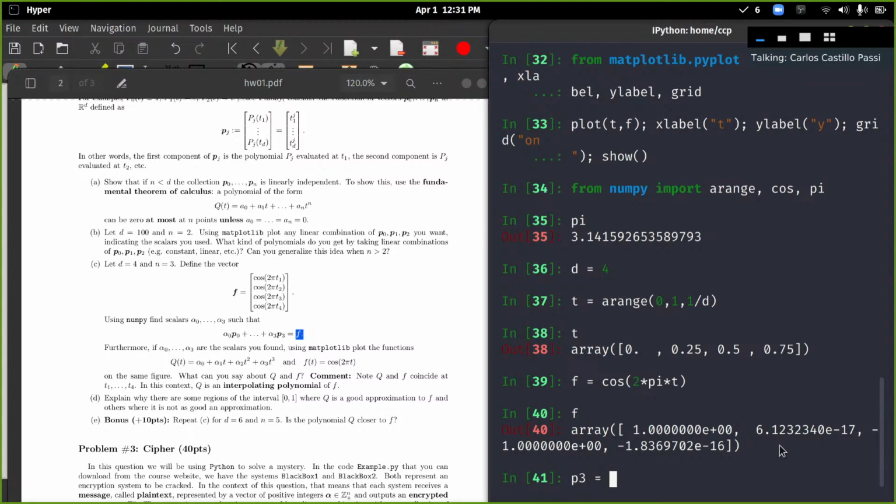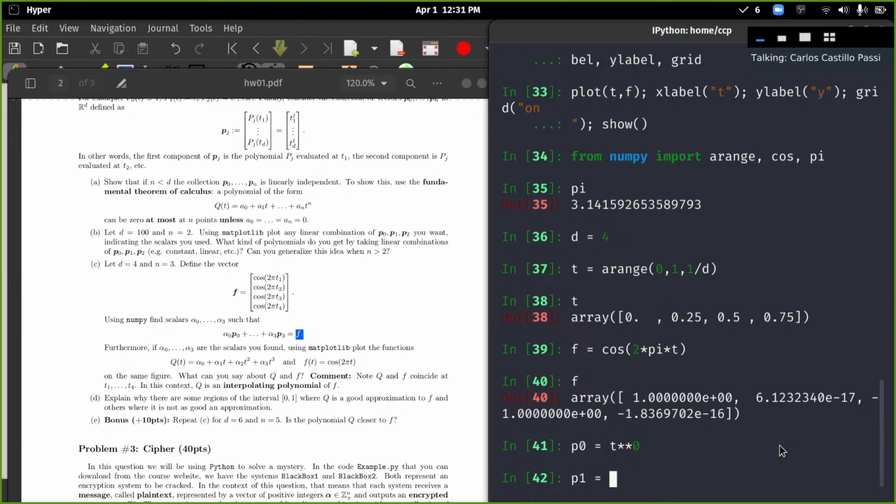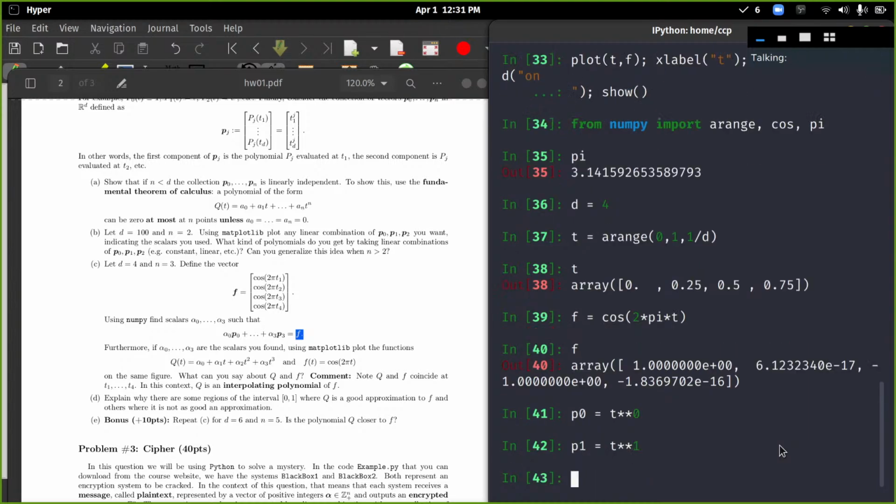So I'm lacking p3. I need to redefine all the vectors again. You can do this with a for loop, but I'm not doing it just to illustrate it better.